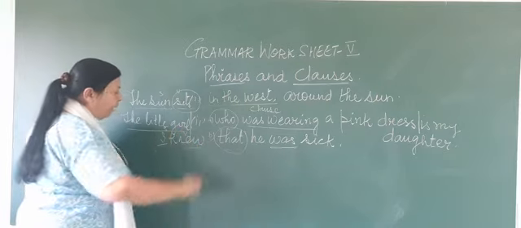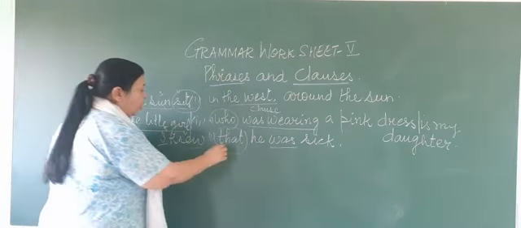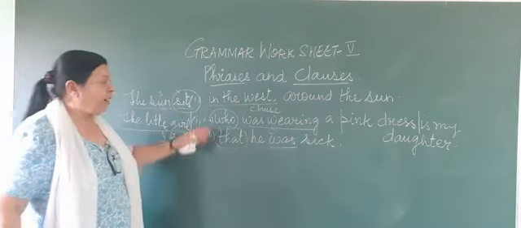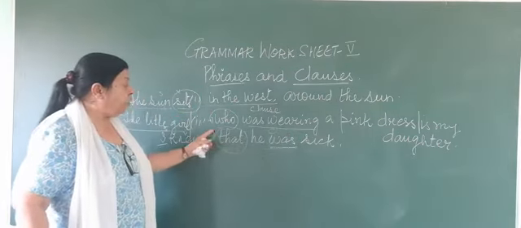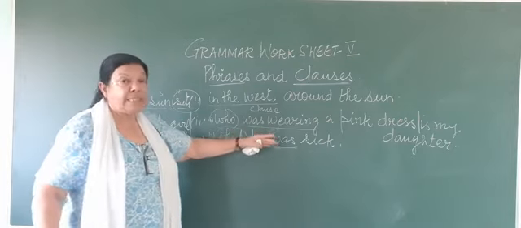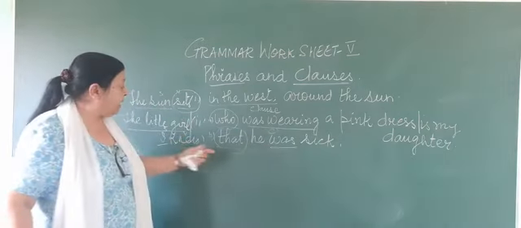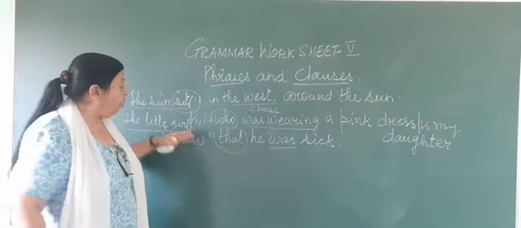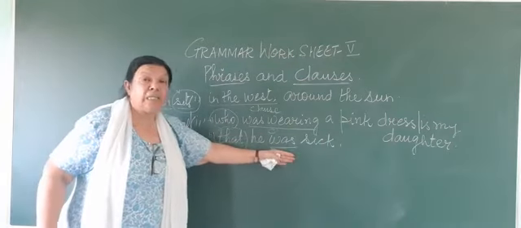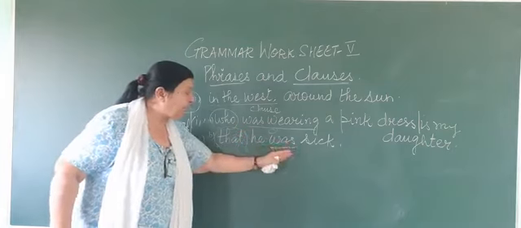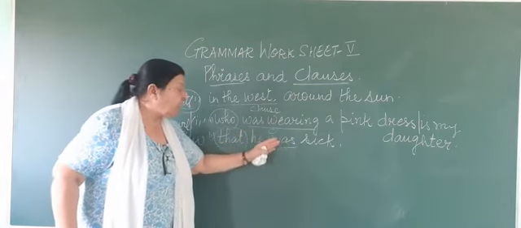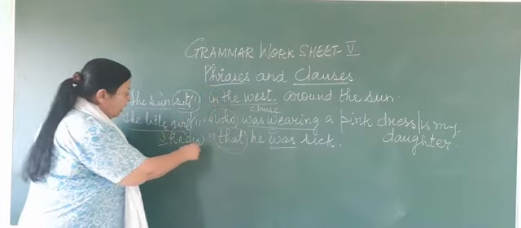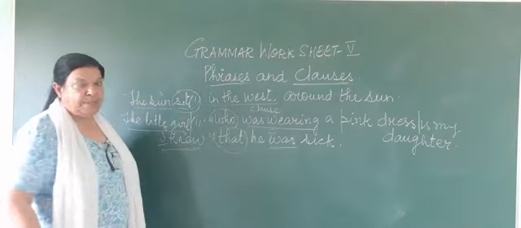Knew is my verb. What did I know? That he was sick becomes the object of my sentence. Therefore, if I just say that he was sick, it will not give me complete sense. But when I say I knew, what did I know? I knew that he was sick. Then that he was sick becomes a dependent clause because it depends upon this group of words.